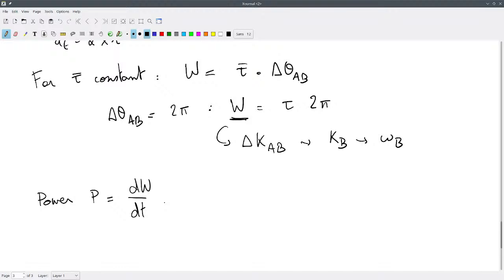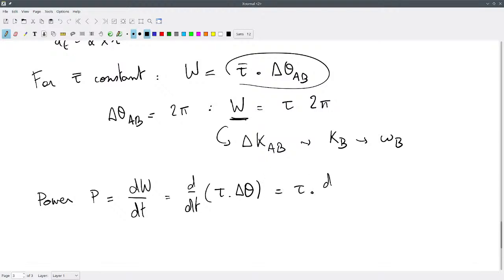Since the work is tau times delta theta, this will turn into tau times d theta dt, or tau times omega.